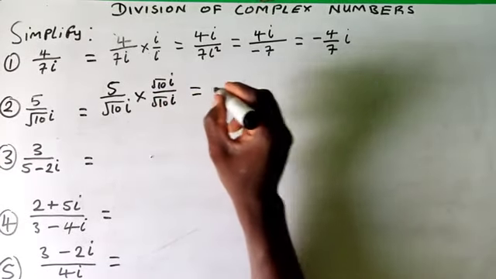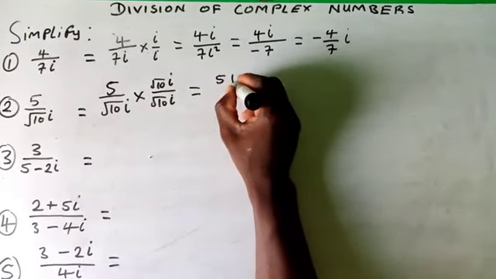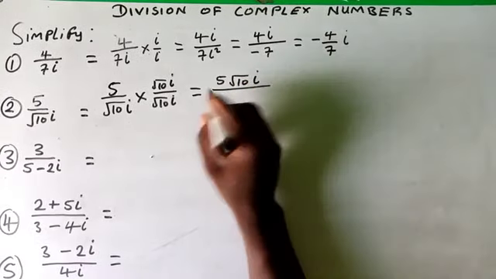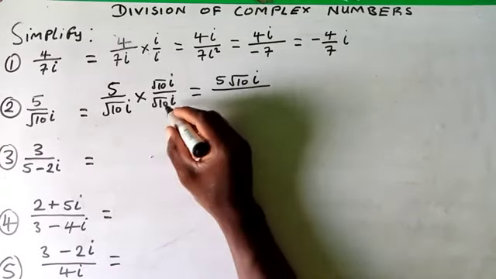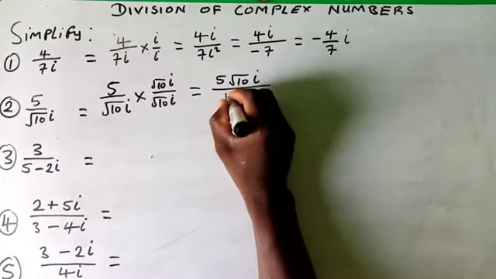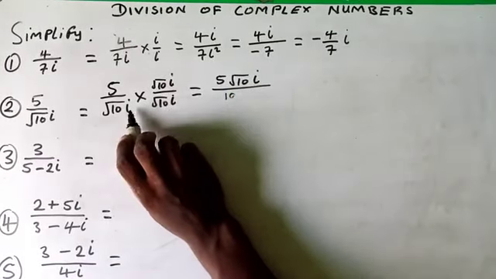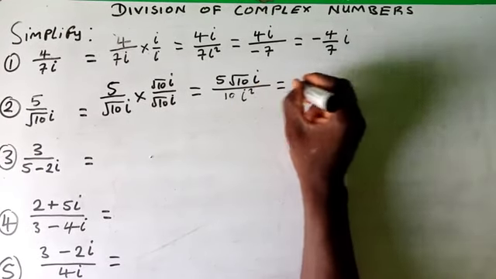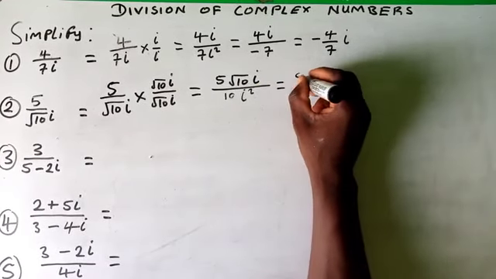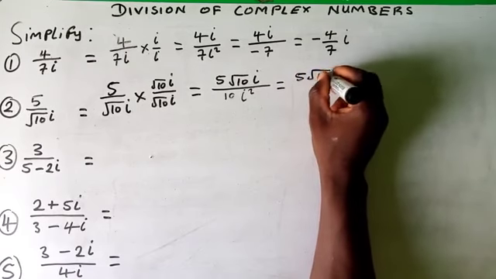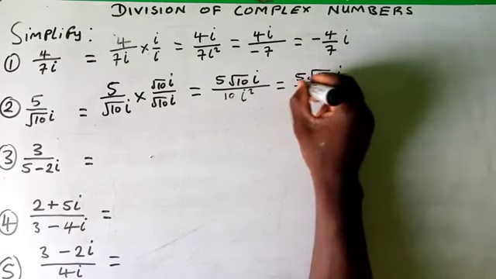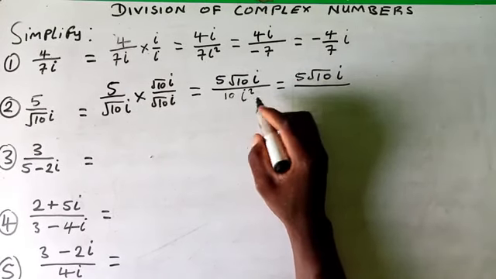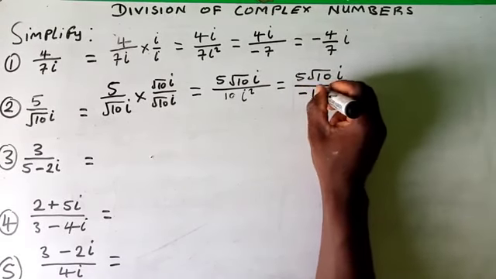So this is equal to 5 root 10i all over root 10 times root 10 is equal to 10, i times i is equal to i squared. So this is equal to 5 root 10i all over, i squared is minus 1, so we have minus 10.